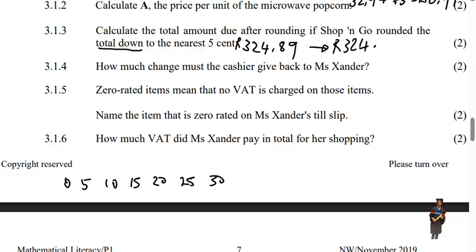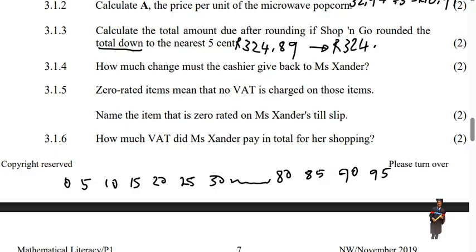They have told us to round to the nearest 5 cent. If we continue with this pattern, we are going to say 0, 5, 10, 15, 20 and get to 80, 85, 90, 95. And we want to round down.